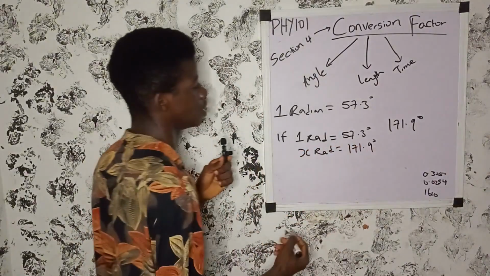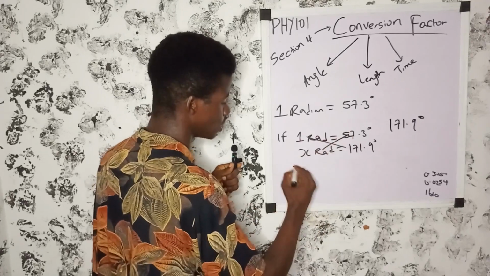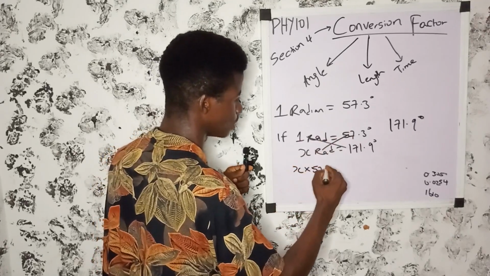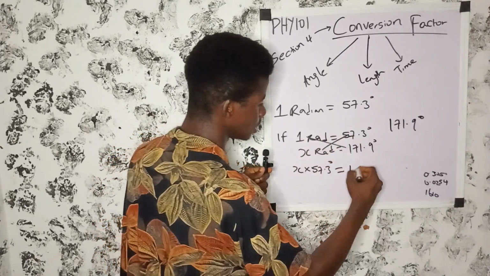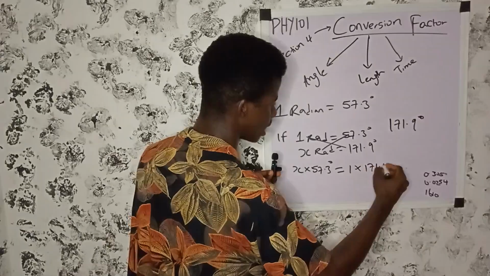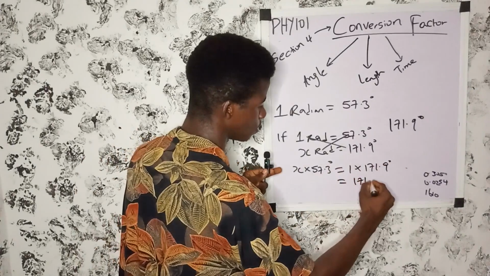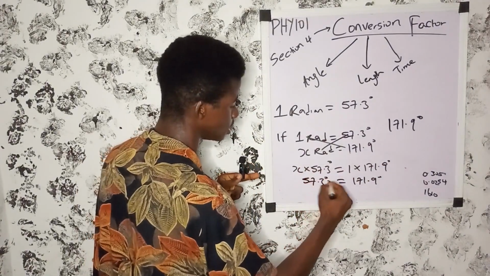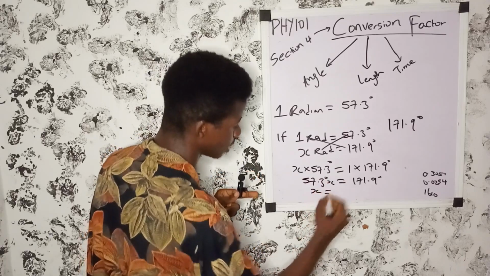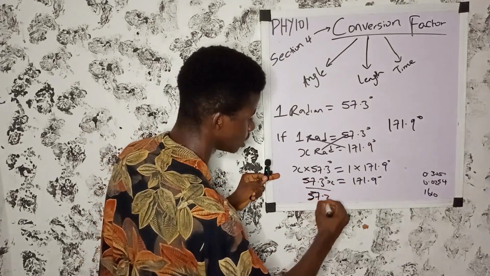If you cross multiply, 1 times 171.9 degrees will be equal to x times 57.3 degrees. So we have 171.9 degrees equals 57.3x degrees.